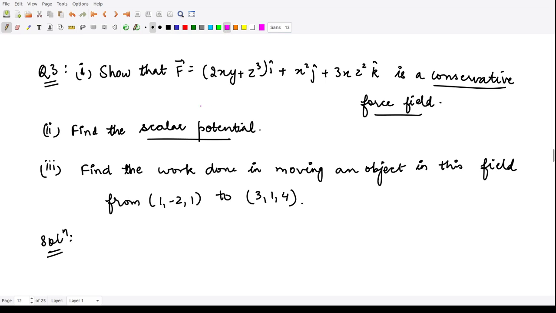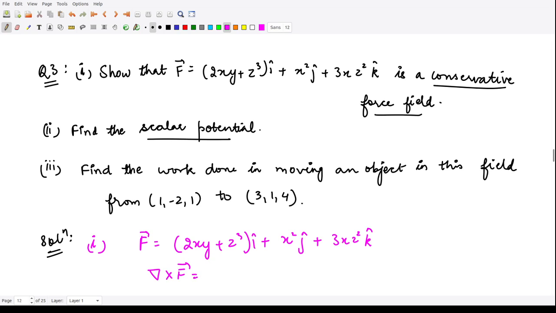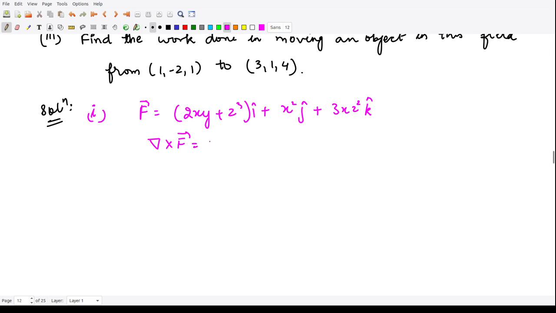For the solution, first of all, let us prove that this is a conservative field. Our vector f is given to be (2xy + z³) i cap + x² j cap + 3xz² k cap. What we are to do is calculate the curl of this vector, and you know very well how to calculate this curl.